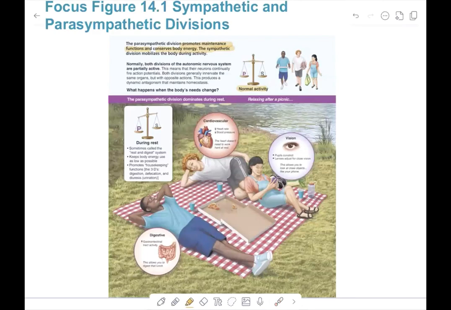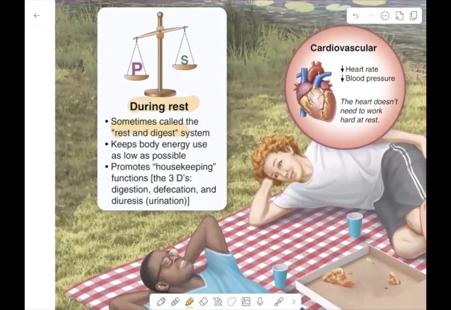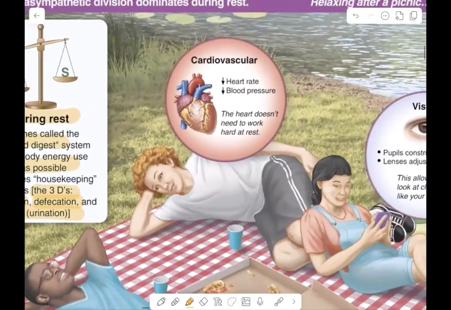So during rest, the parasympathetic division is going to be activated. It's rest and digest, keeps the body energy as low as possible. And it's the 3Ds, digestion, defecation, and diuresis, which is urination. For the cardiovascular system, the heart rate and blood pressure are low.